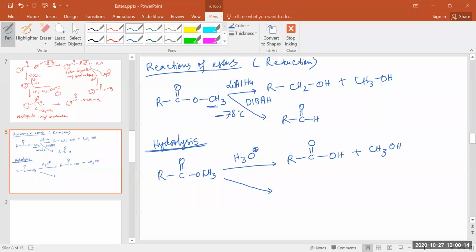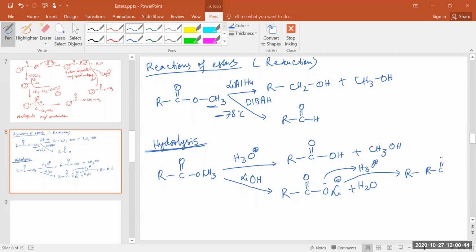So under basic condition, let's say lithium hydroxide or sodium hydroxide, what will happen? First, it will make a salt, and then you work up with an acid that will convert this one to an acid.